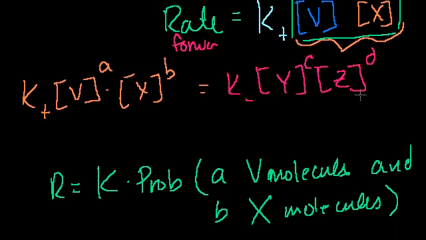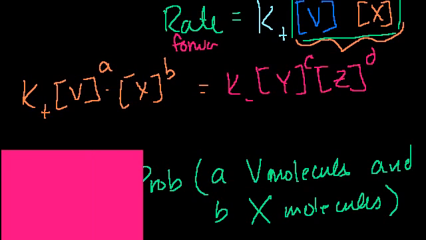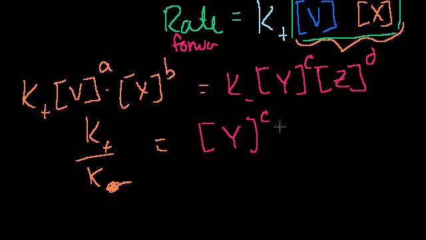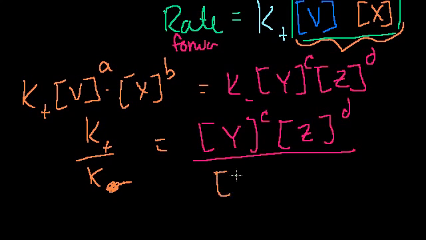Now if we divide both sides by K minus and both sides by this, you get K plus over K minus is equal to Y to the C times Z to the D, all of that over V to the A times the concentration of X to the B. Let me put this in magenta just so you know this was this K minus right here.